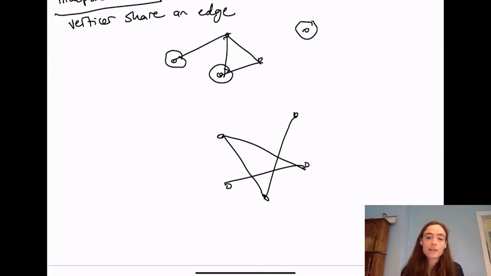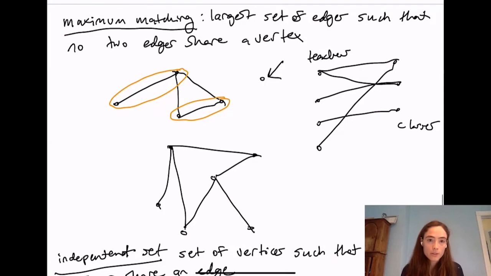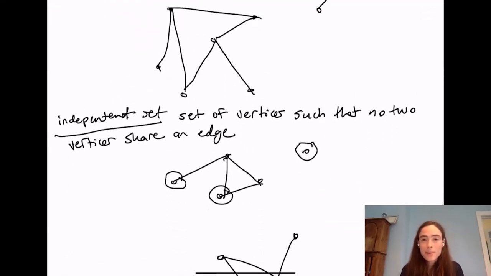So the maximum matching problem can be solved for arbitrary graphs in polynomial time. I think that there is a faster algorithm, but in order the number of vertices squared times the number of edges, you can find a matching. But the maximum independent set problem is NP complete.